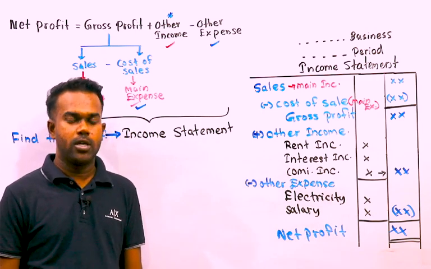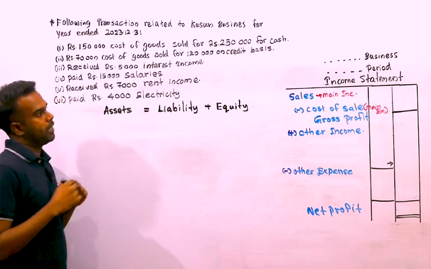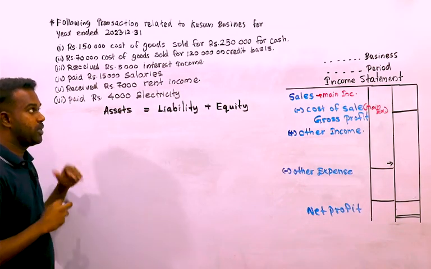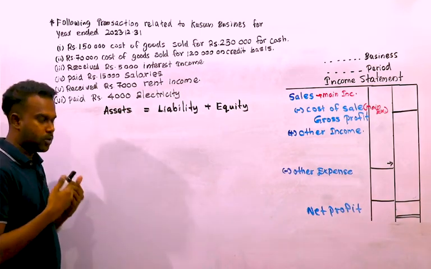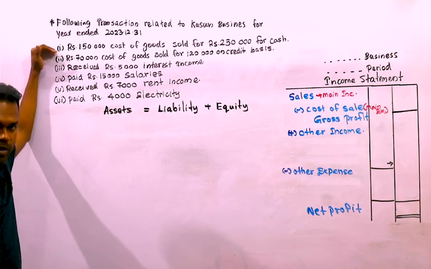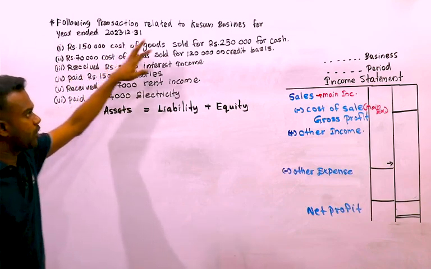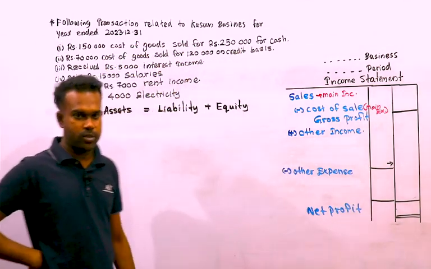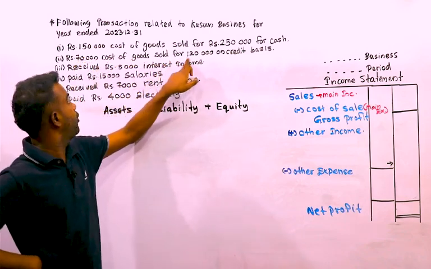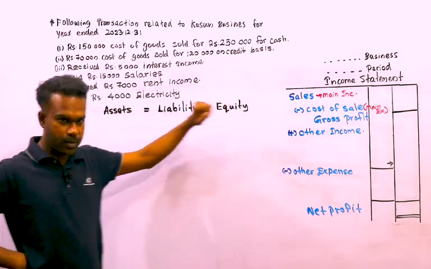Right? So this is the question now. There are a few transactions related to a customer's business for the year ended December 31st, 2023. First one, 150,000 cost of goods sold for 250,000 cash. Next one, 70,000 cost of goods sold for 120,000 on credit basis.